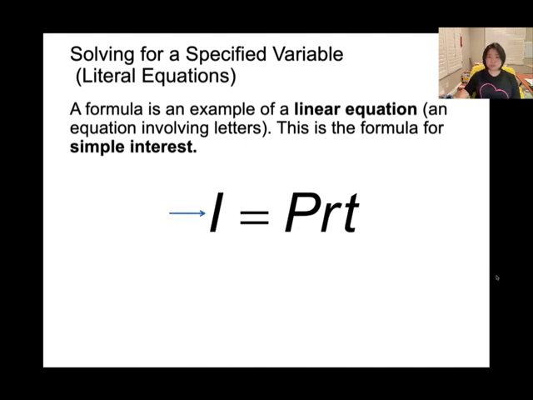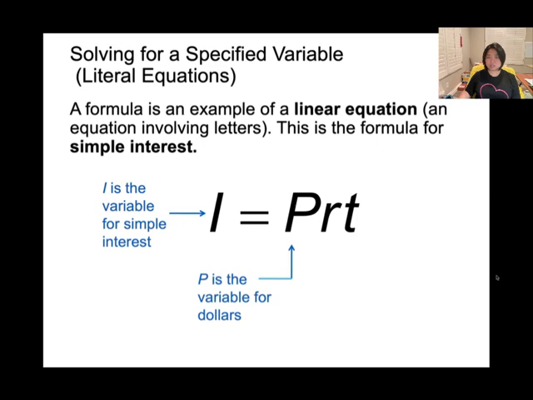Okay, so this is the simple interest formula. The I here represents the interest, how much extra you're going to get if I put the money into the bank for 1 year. And then the P here is the principal, how much money you put into the bank. So our example is your $500, right?